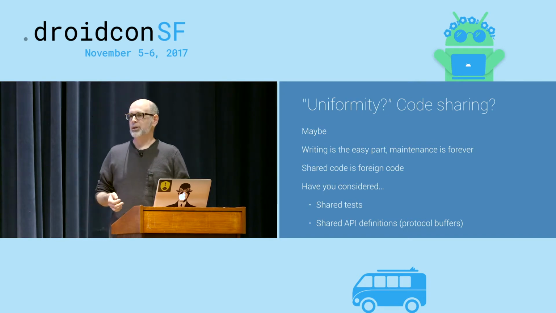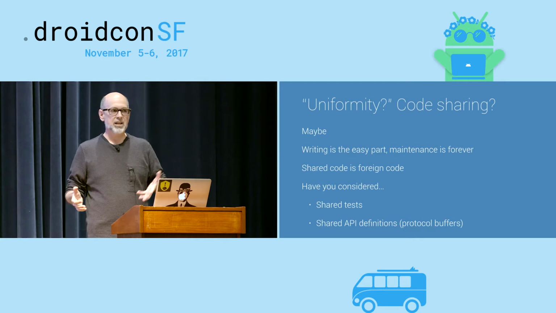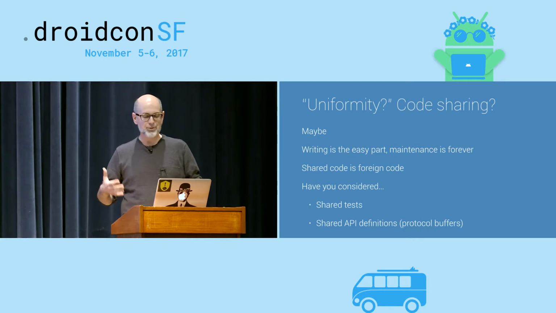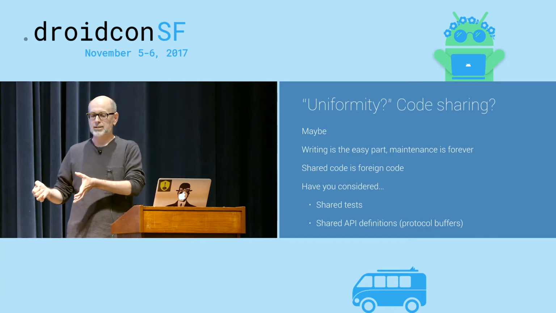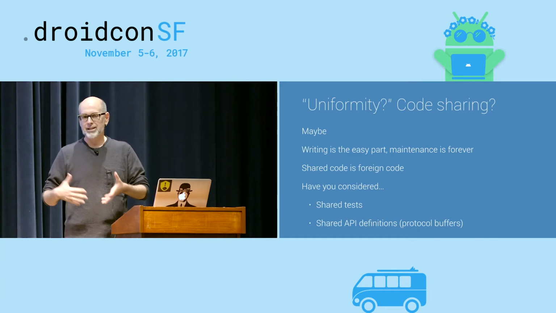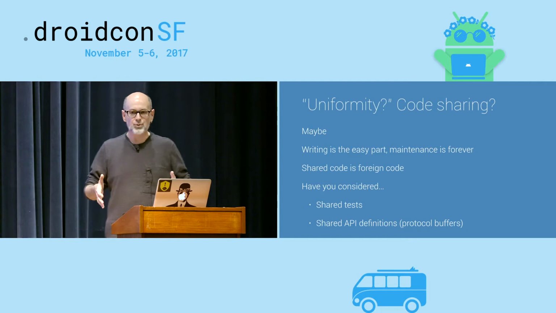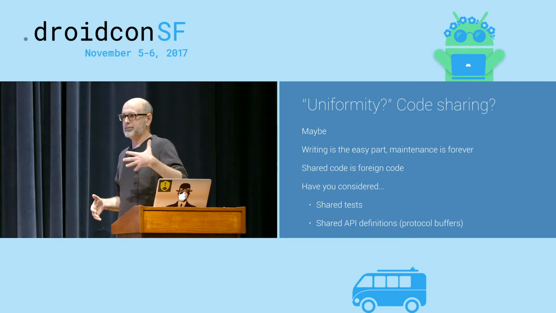If we're trying to share the code by writing C++, now Android and iOS are both having a terrible time, and Android's probably having an even worse time. Maybe we're going to use some clever JavaScript hack or something. Again, it's going to be foreign for everybody. And there are other ways to get this kind of consistency.